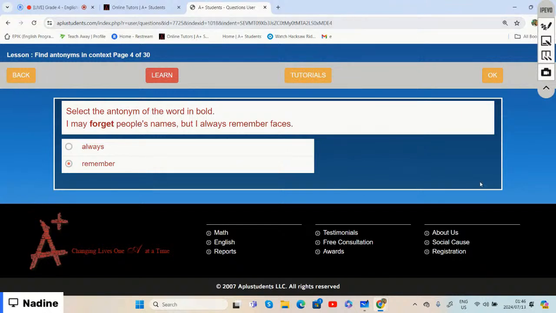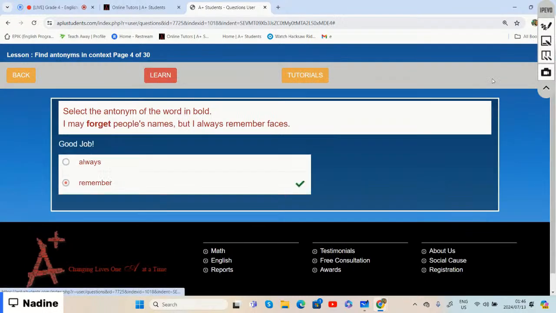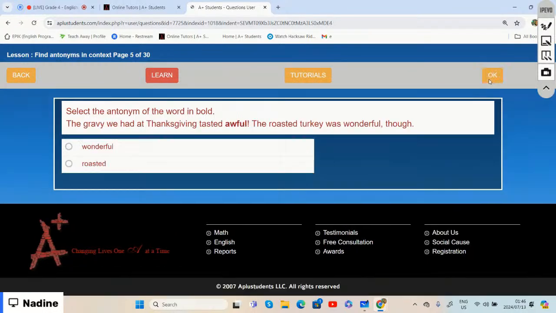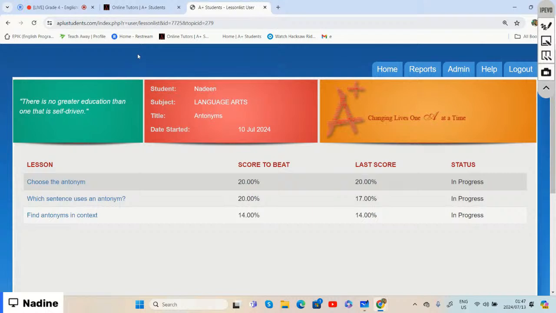All right. So we said remember is correct. So this is now the end of our lesson on antonyms. We said antonyms are words with opposite meaning to one another. I remember something or I forget something. For example, it's either black or it's white, and so on.